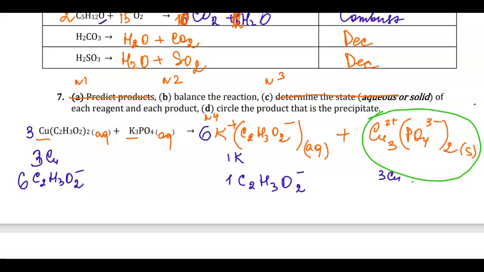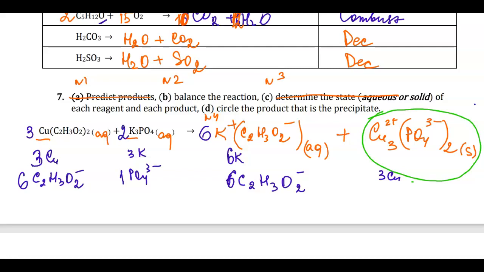That changes the amount of potassium, right? And the amount of acetate anion, right? Where do I have potassium else in this compound? So it was 3 potassium and PO4, 3 negative, only 1, right? But I need 6 potassium.